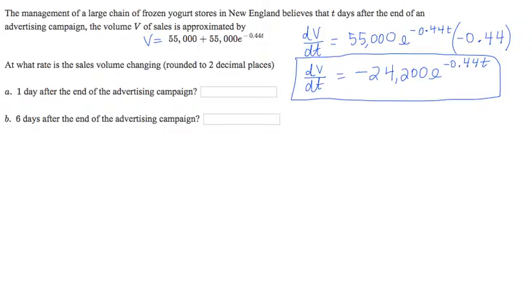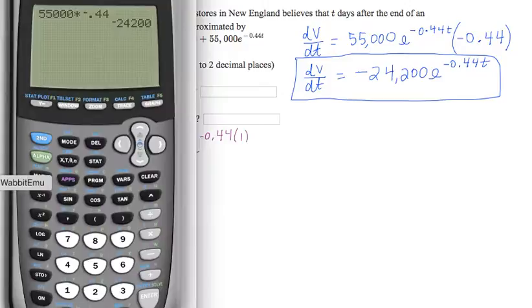So for part A, let's plug in 1. So we want dV/dt when T is 1. So we get negative 24,200 times e to the negative 0.44 times 1. So let's see what that comes to here.